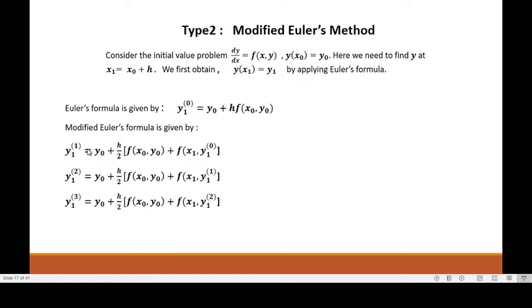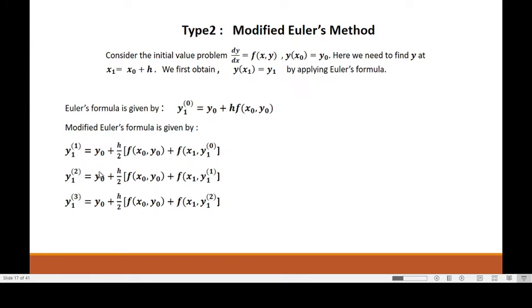It is given by y1 of 1, that is the corrected value of y1 of 0 is denoted as y1 of 1. The formula is given by y0 plus h by 2 into f of x0 comma y0 plus f of x1 comma y1 of 0. We further repeat the same to get a better value, and we denote this as y1 of 2.